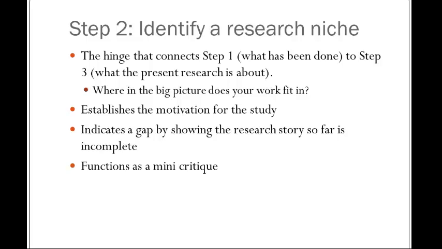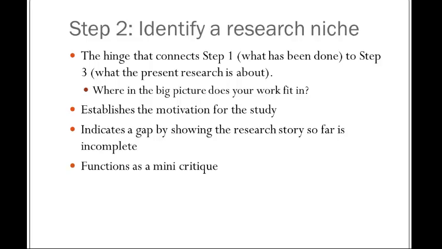You're going to say, well, all of this information has been researched, all of this research has been published. There's still this area that is left unsatisfied or unanswered. There's this problem that still needs a solution. Maybe giving reasons for why it hasn't been researched before, maybe articulating that perhaps it's a difficult problem to look at. You're going to basically show how your research is something that's needed.